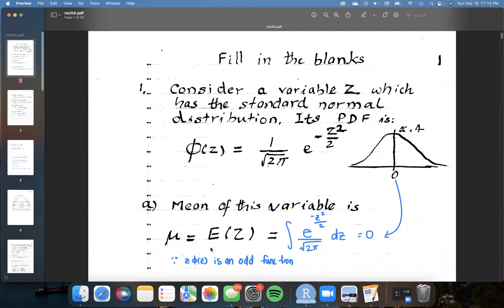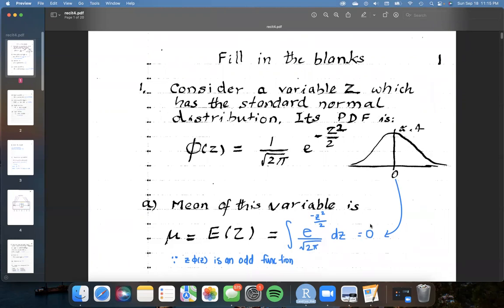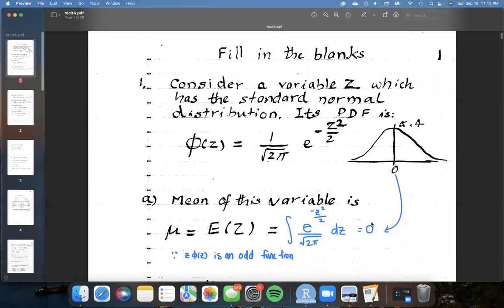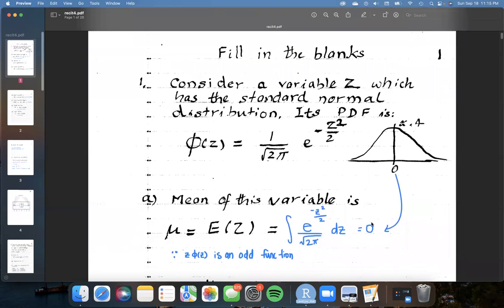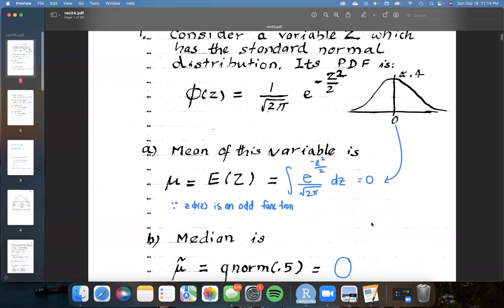And note that phi of z, this density function, is an odd function when you're integrating it. You'll also notice that the histogram is centered around 0, so the mean is 0. And I'm also going to show you how to do this through R as well.